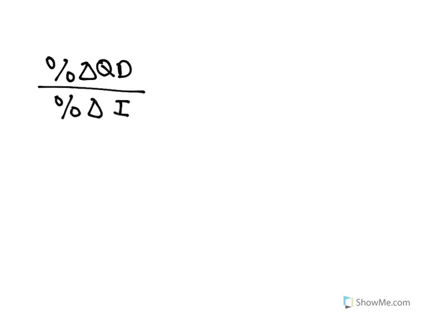So the formula is the percent change in quantity demanded over the percent change in income. And so when we do this formula, notice we don't do absolute value here because, again, just like with cross price, the sign of the coefficient, the number that pops out, is going to tell us if they're normal or inferior goods.